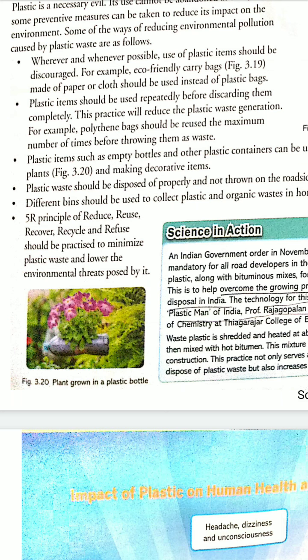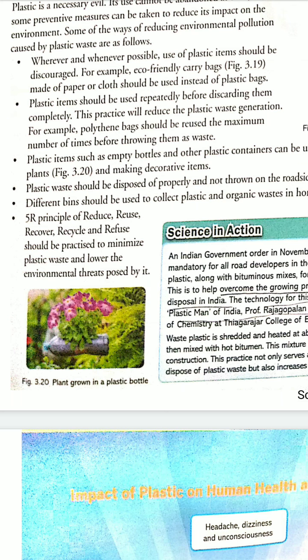Then maximum reuse of plastic should be there. We should not use plastic and throw it out. If we have taken a polythene or poly bag, we have to use it the maximum number of times, so that before throwing it we have used it fully and we are avoiding the next making of plastic, isn't it?